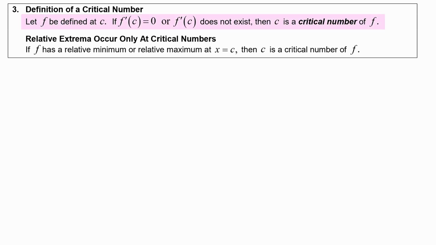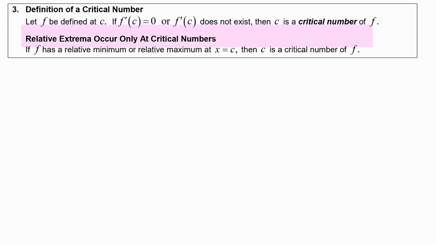Let f be defined at c. Remember, that means if I plug in x equals c to the function, it outputs a y value. F is not undefined at c. If f prime of c equals 0, or f prime of c does not exist, then c is a critical number of the function.